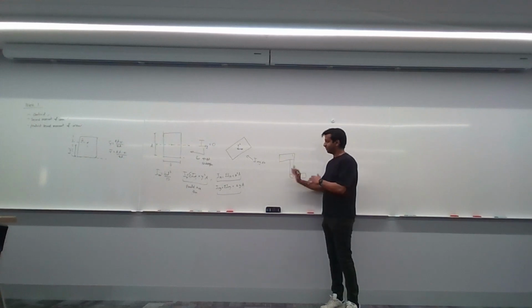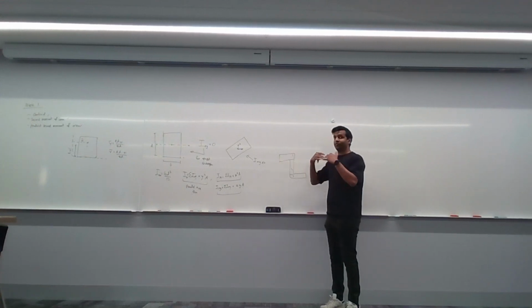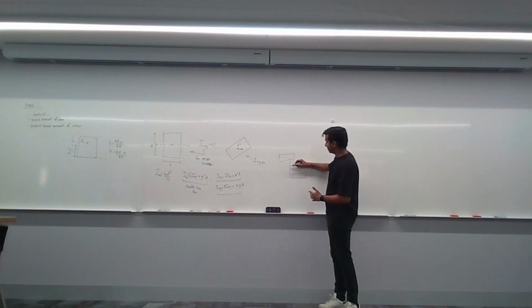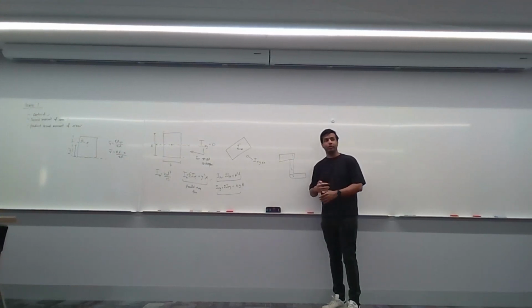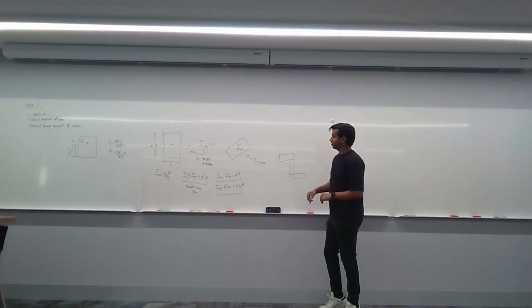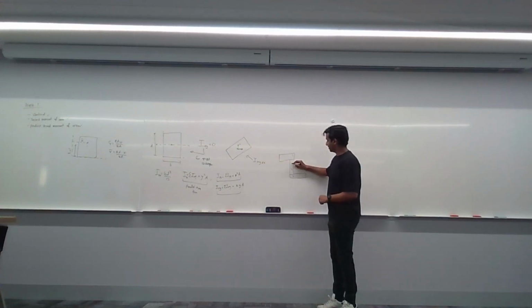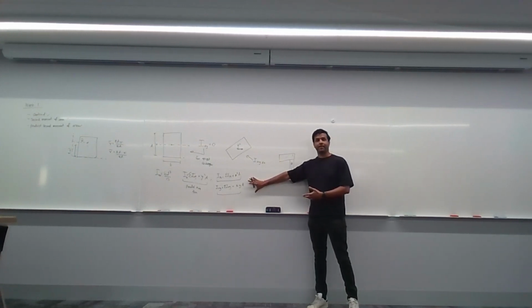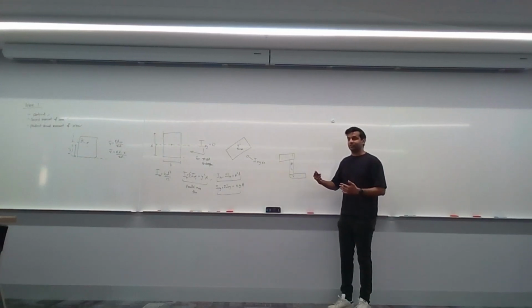We first have to identify where the centroids are for each of those individual shapes. So that's centroid 1, centroid 2, centroid 3. We also have to identify where the centroid of the entire shape is. Let's say for example it's over here, that's the centroid of the entire shape.